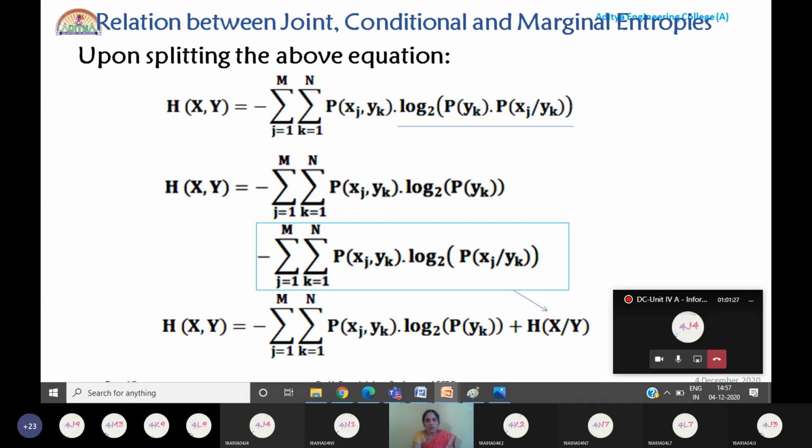Now please observe the second term. What is the second term?